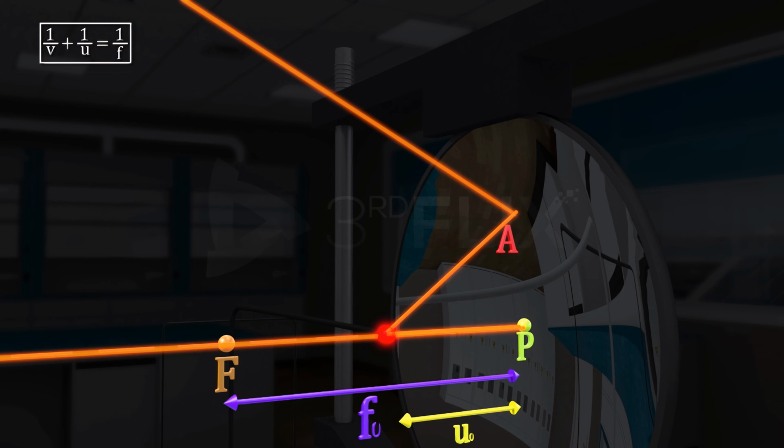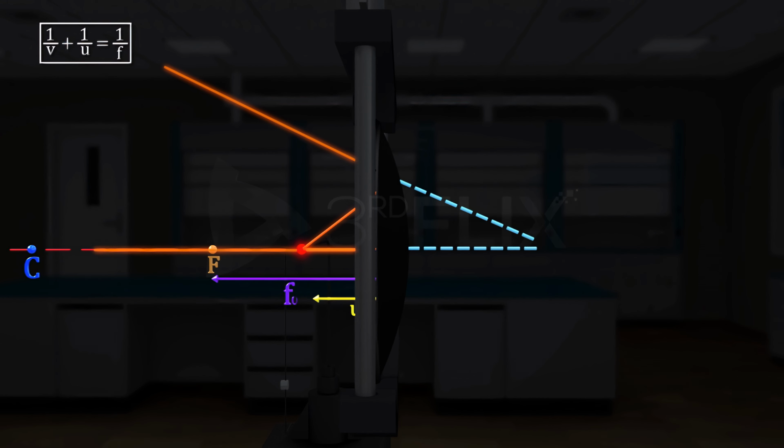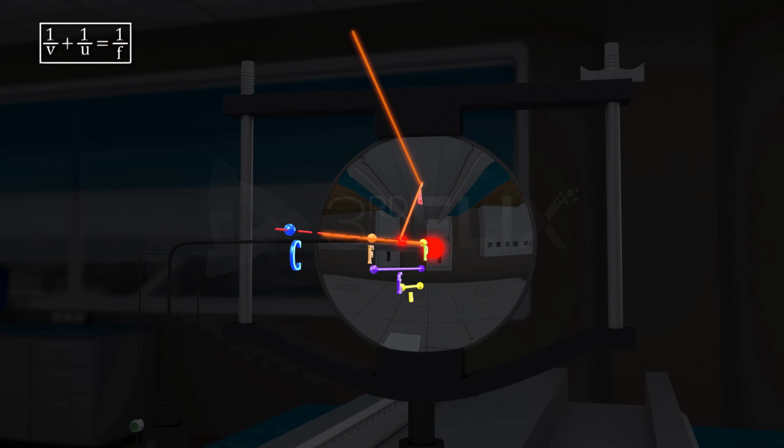This ray does not meet the principal axis. If we extend both the reflected rays, the rays seem to come from a point that lies on the other side of the mirror. Hence, a virtual image is formed if the object is placed between the focal point and the pole.